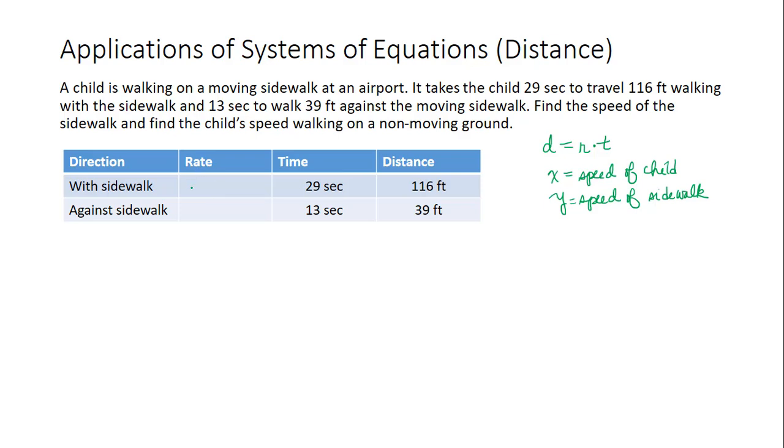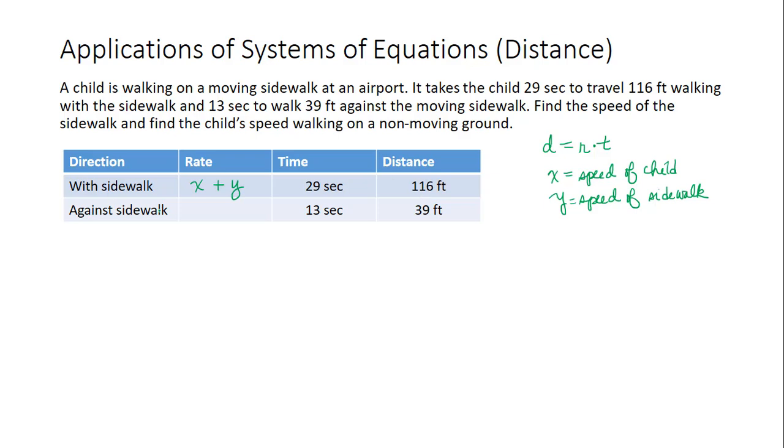So the rate going with the sidewalk is the child's speed plus the sidewalk speed. The time going with the sidewalk was 29 seconds and the distance was 116 feet.